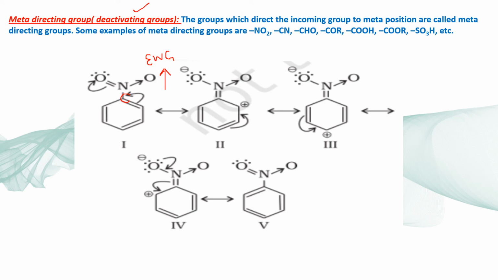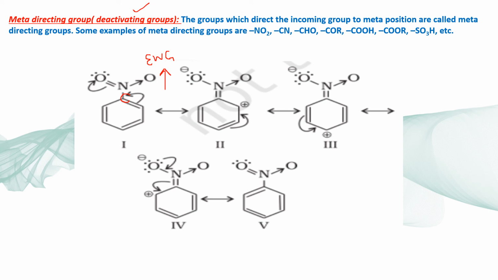So because of that, what happens? The benzene becomes electron deficient. Three carbons out of the remaining five are developing a positive charge on them. So such groups are called deactivating groups.